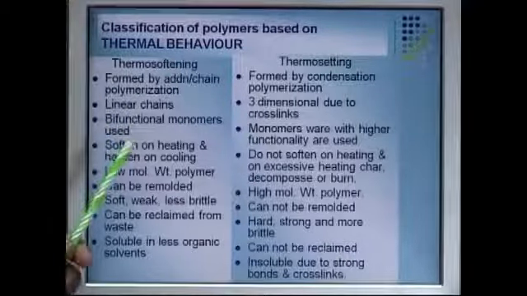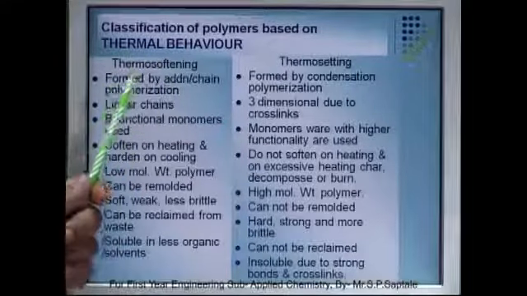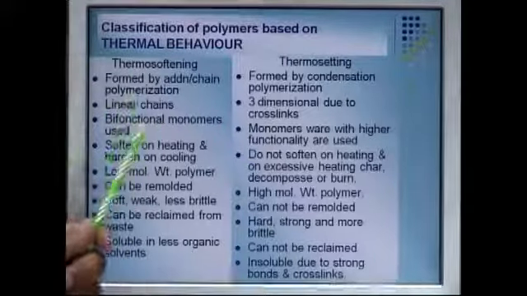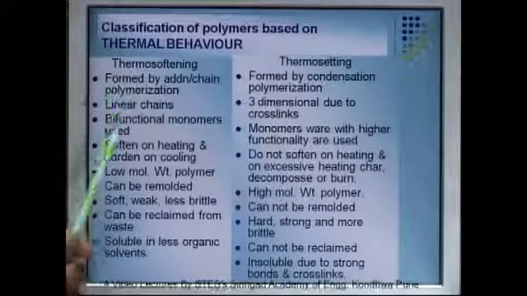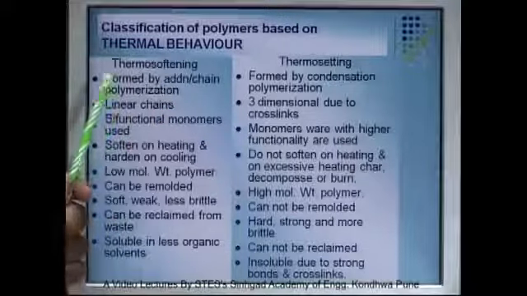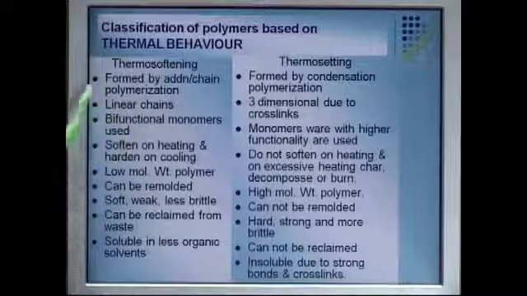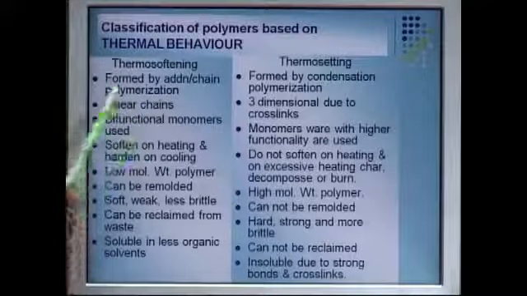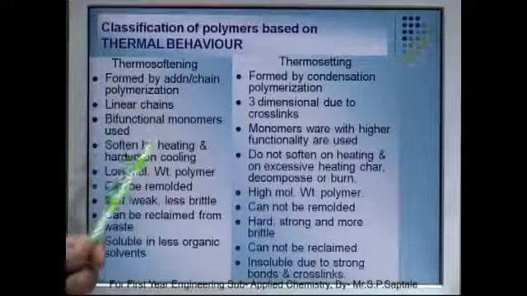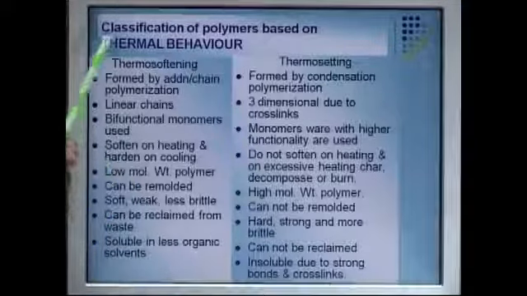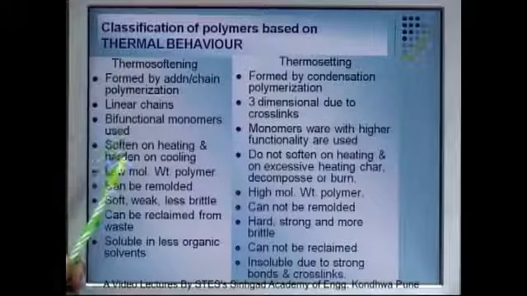The forces are weak. When the temperature is increased, these weak forces weaken, and with slight application of stress or pressure, deformation or chain slippage of such thermosoftening polymer takes place. That means when temperature is increased, it converts into a liquid, and you can put it into any desired mold and give it any shape. Such thermosoftening plastics can be heated or cooled any number of times.